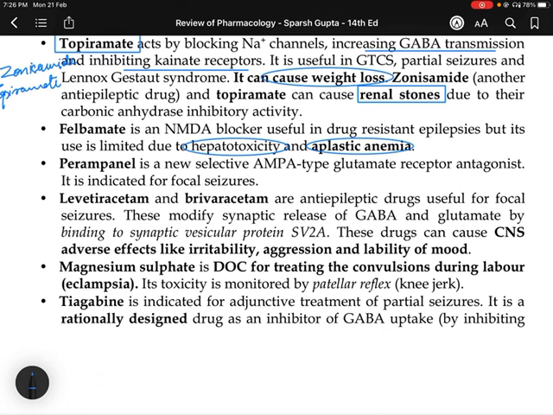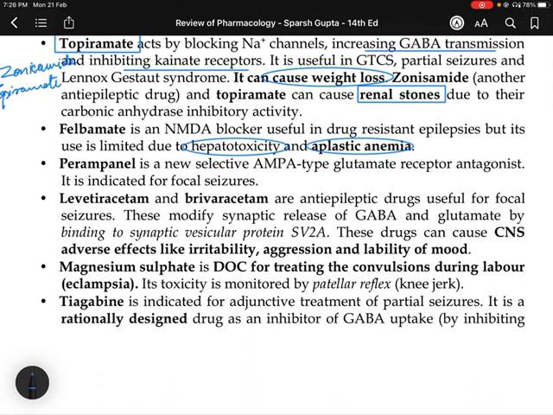Perampanel is a new selective AMPA type glutamate receptor antagonist and is indicated for focal seizures. And levetiracetam and brivaracetam are anti-epileptic drugs used for focal seizures.